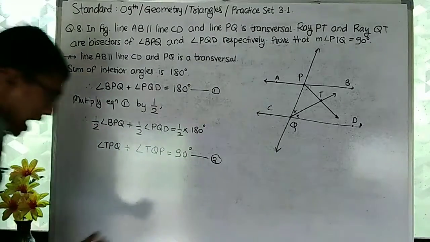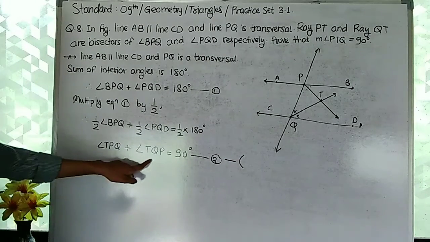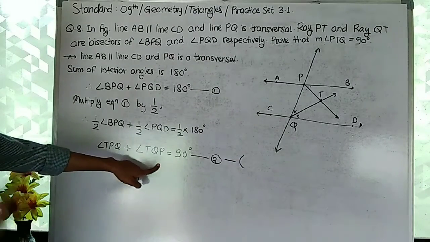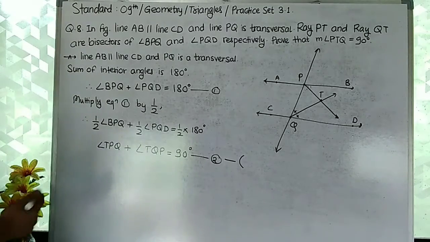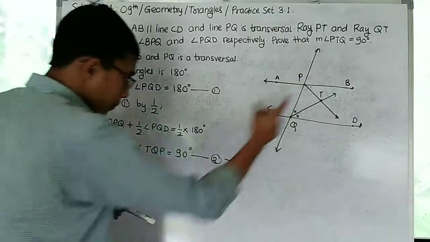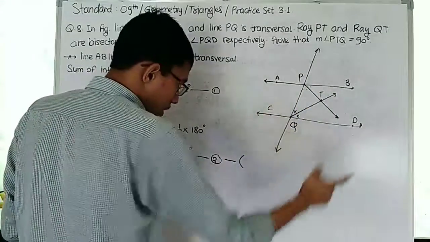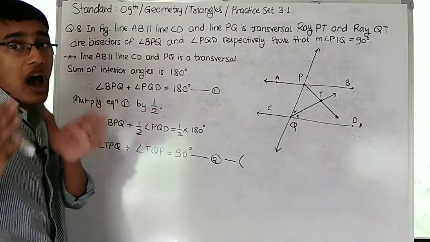I will write down the reason over here. Now this TPQ and TQP, from what we have got in this particular equation, as it is given that PT and QT are the bisectors of angle BPQ and angle PQD. That means they are bisecting the angles in equal halves.